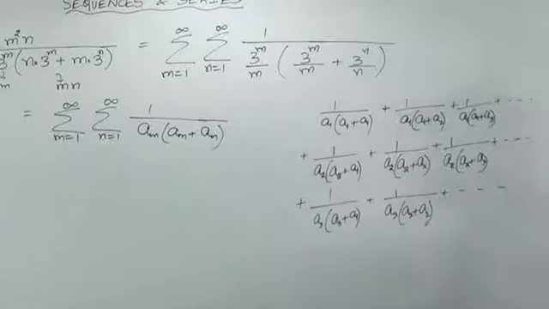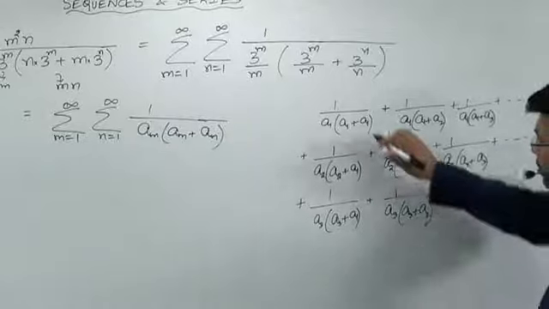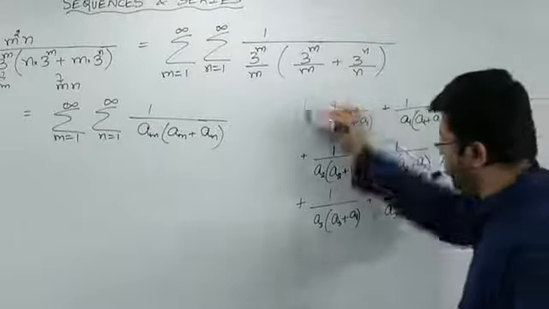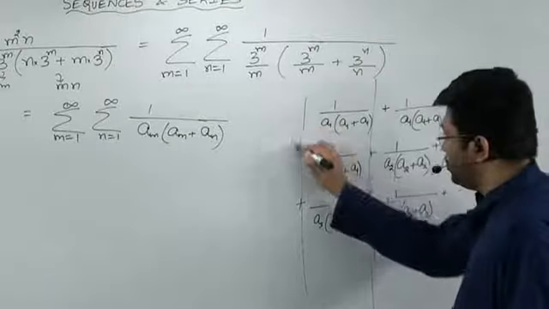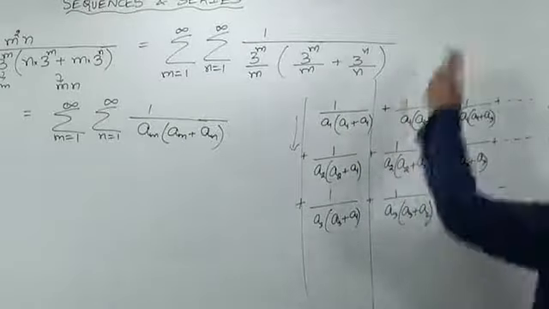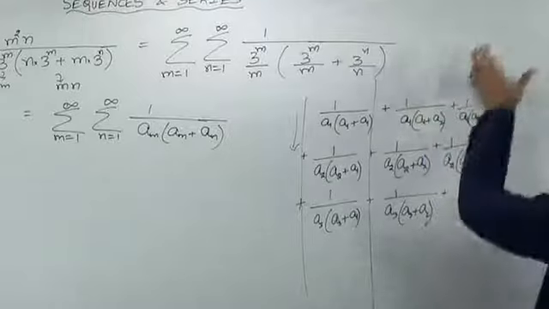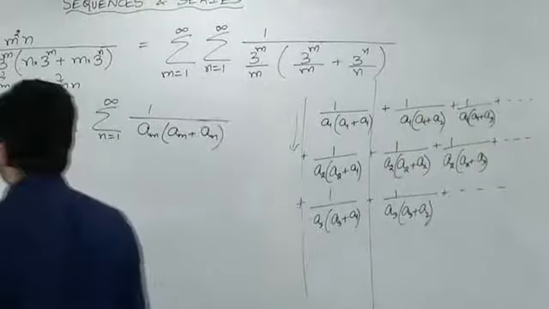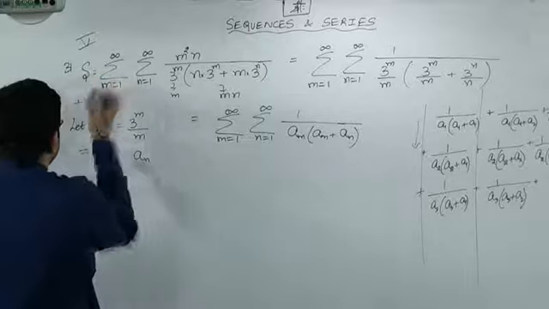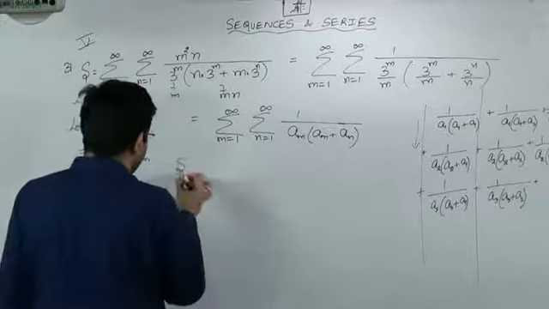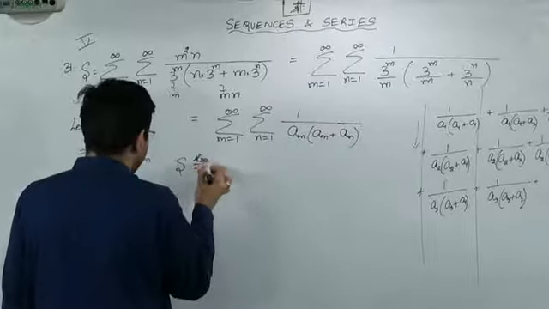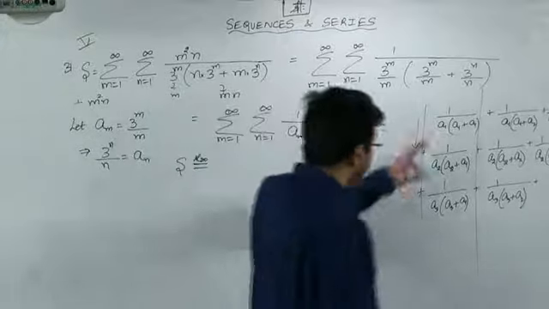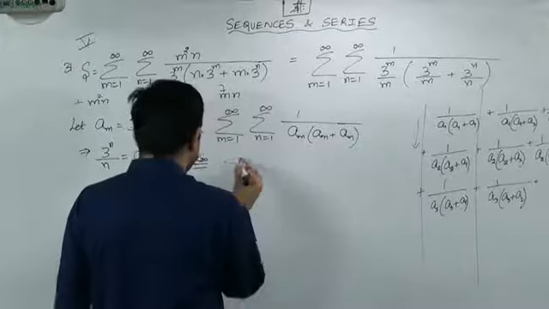Right. Instead of adding like this, think about adding in this fashion. Then all these, etc. If this is the summation S you are looking for, S is also equal to, retain m and n.